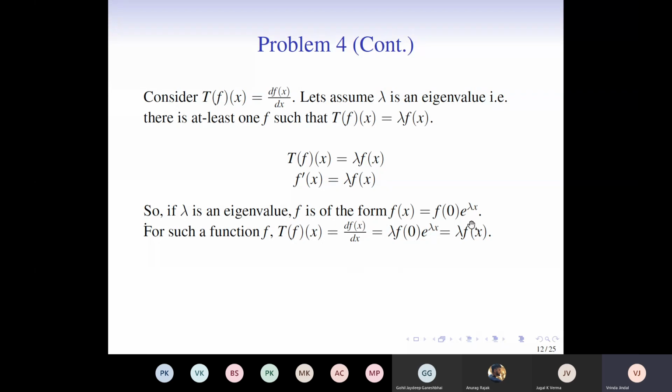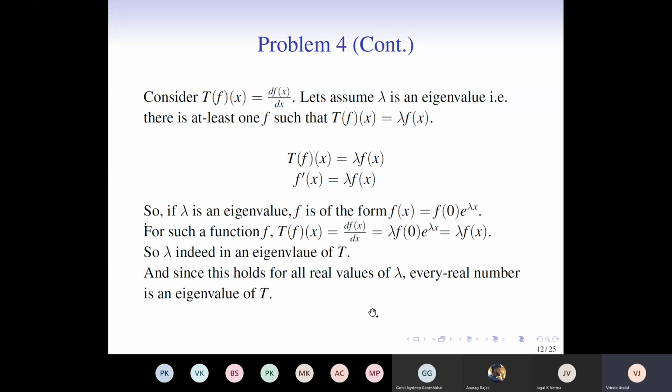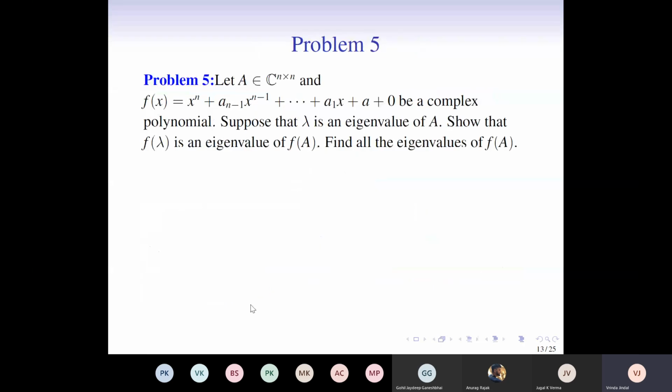So we have proved that for any real number lambda, there will be at least one function that satisfies T of f equal to lambda times f. So all real numbers are eigenvalues for T. So this was problem number 4.